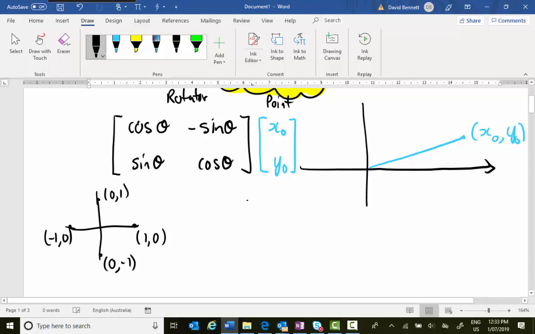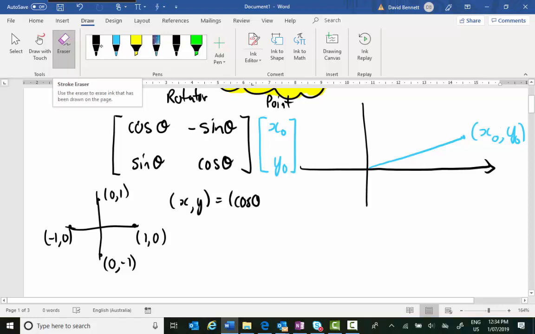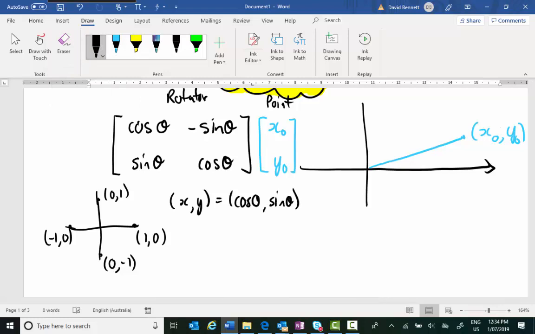Now remember, when we did our unit circle, the x coordinate was cosine of theta, and the y coordinate was sine theta. So if you remember back there, we're going to use that. Let's say I was going to rotate 90 degrees.